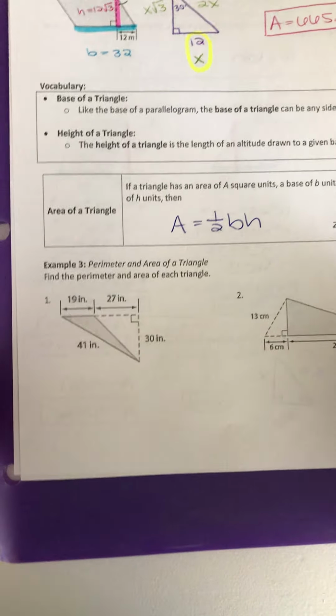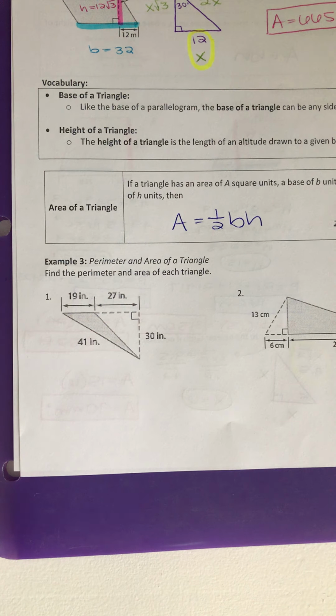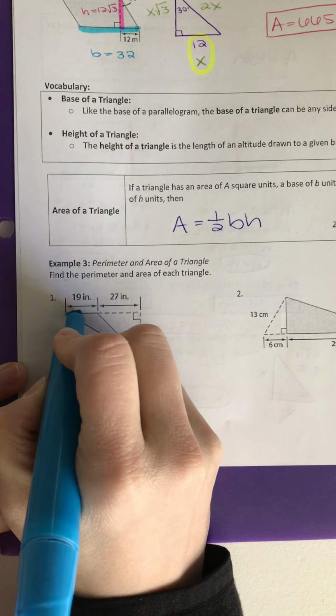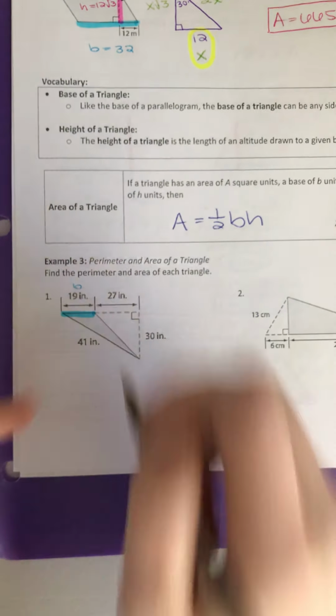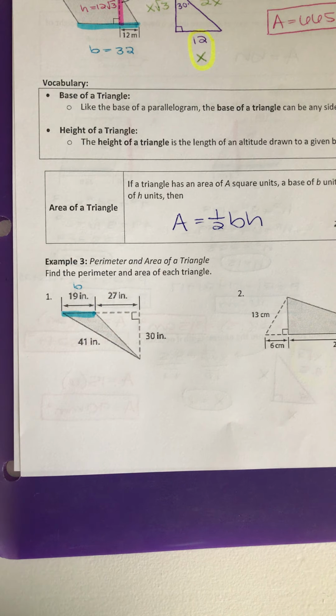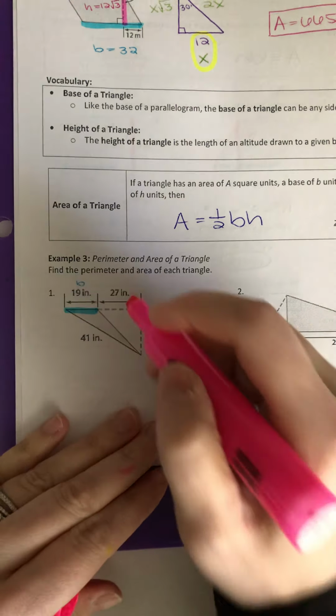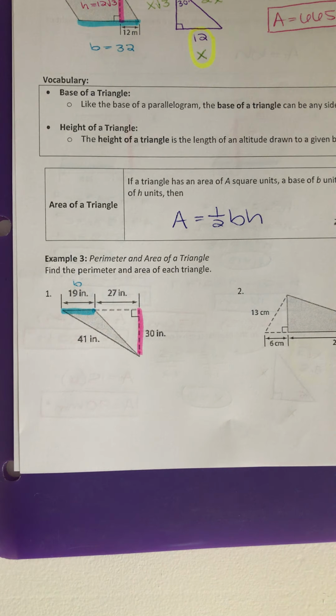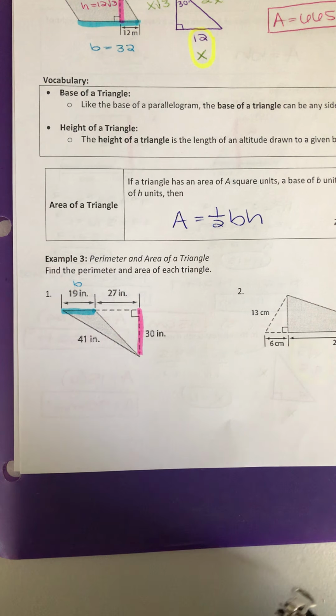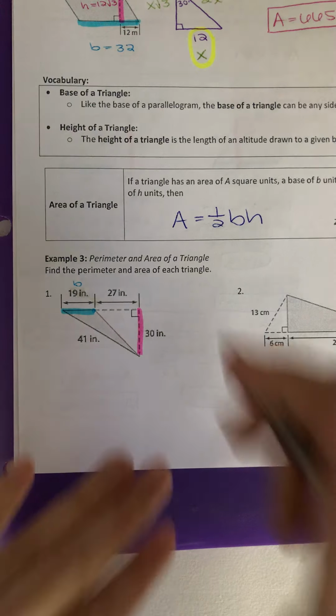So let's get started on an example. For the first one, our base is going to be 19. And our height is going to be 30. So we're not counting that 27 as part of the base because it's not the base of the shaded triangle.